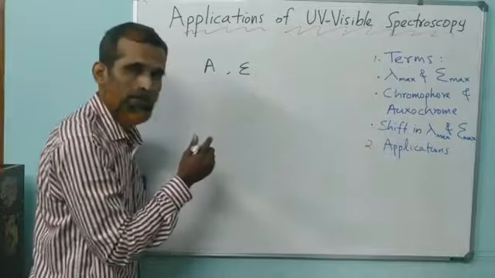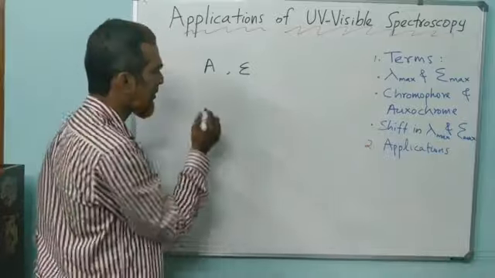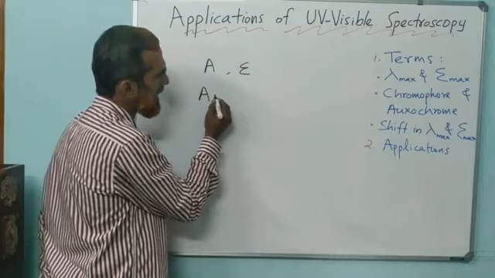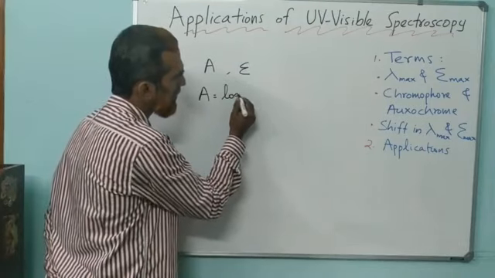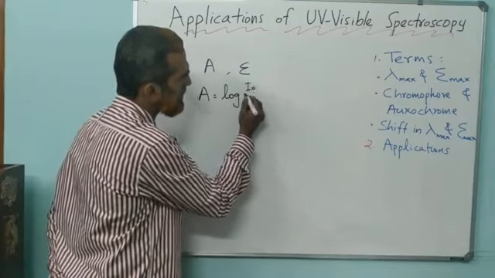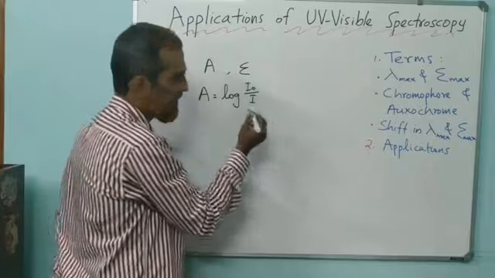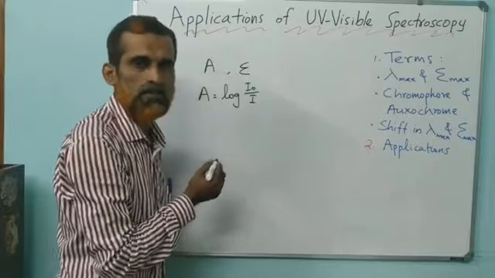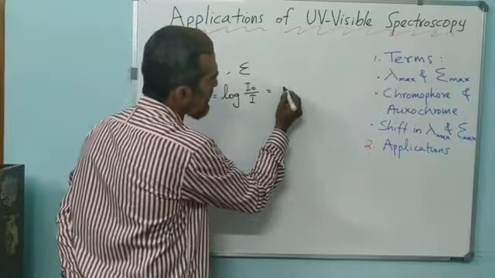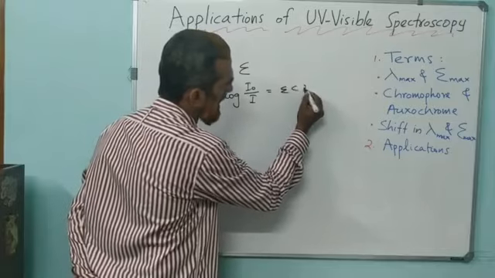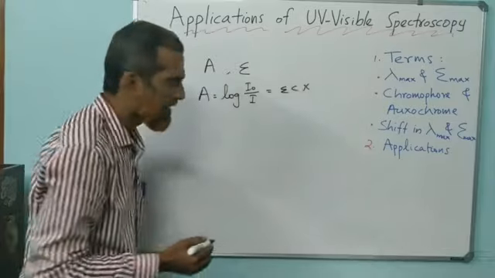What is the mathematical expression of Beer-Lambert's law? Absorbance A is equal to log I0 by I, that is the definition of absorbance, and that is equal to epsilon Cx, right?